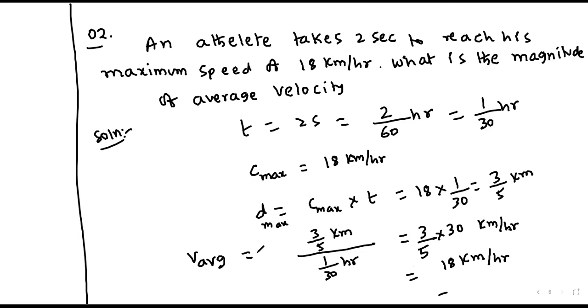Maximum speed is equal to average velocity only. That's why in some numericals, what we will do later on, maximum speed we'll consider as average velocity.